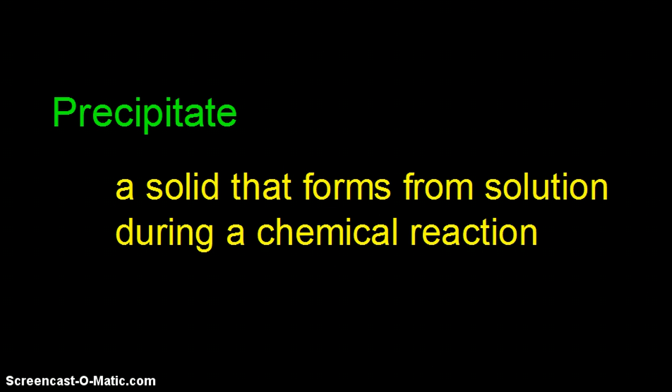And solution, we know, is when one thing is dissolved in another. So when you add two liquids together and all of a sudden a solid forms, that shows you it is a chemical reaction taking place, and a precipitate is the solid that is formed.